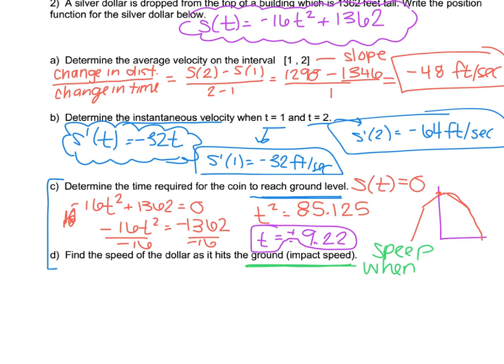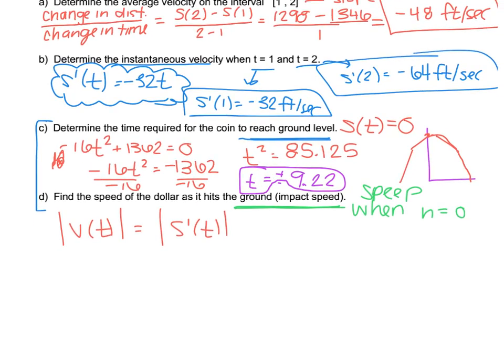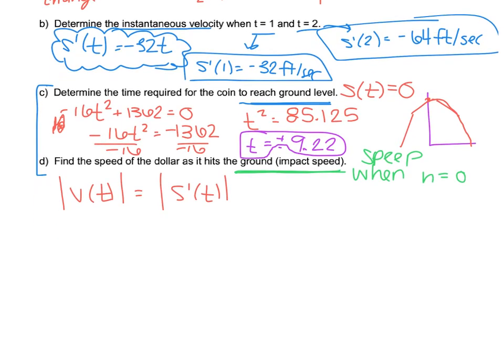Impact speed when the height equals 0, or the position s of t equals 0. Speed is the absolute value of the velocity, or absolute value of the derivative. So we just need to find that, and then we'll know how fast it's moving when it hits the ground, and why it's a big deal when you drop a coin from the top of a building.